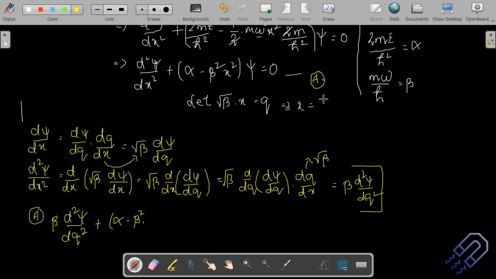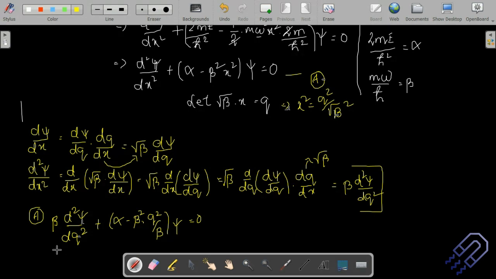So x is equal to q by root over of beta. It is x square, so we'll square it out. So x square would be nothing but q square by beta, so that's beta. So it will simply be written as q square divided by beta, and into ψ, of course, is equal to 0.